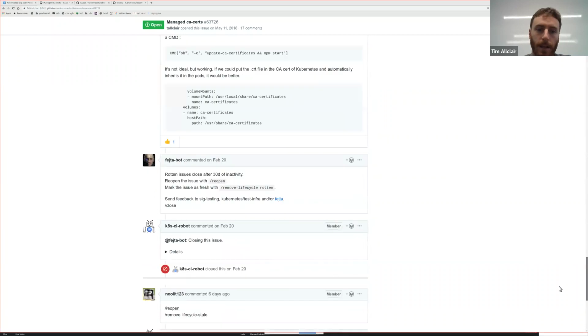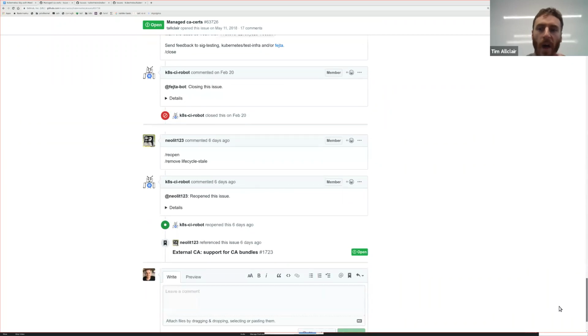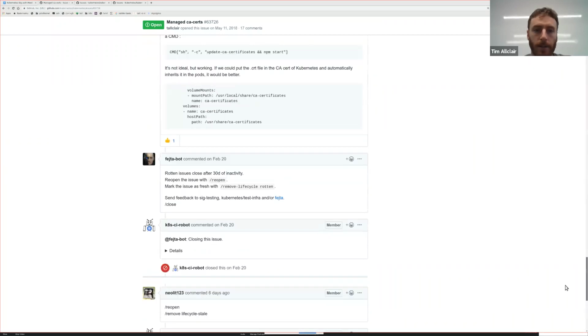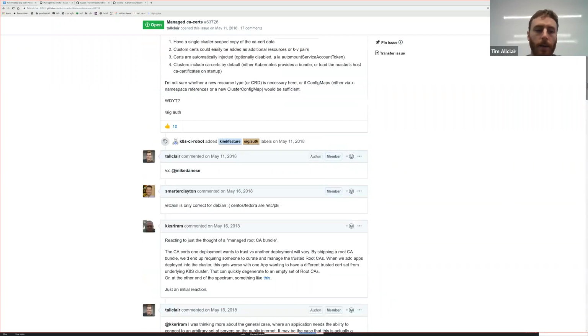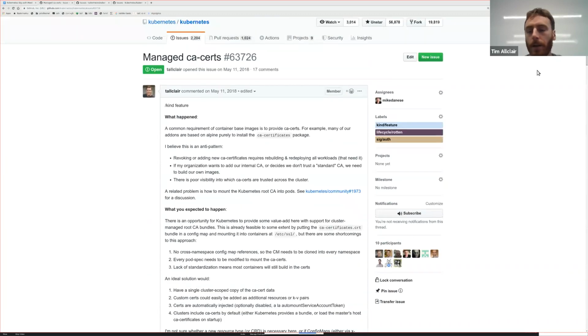Config maps would be an obvious way of doing this, but we don't have cross namespace config maps right now.